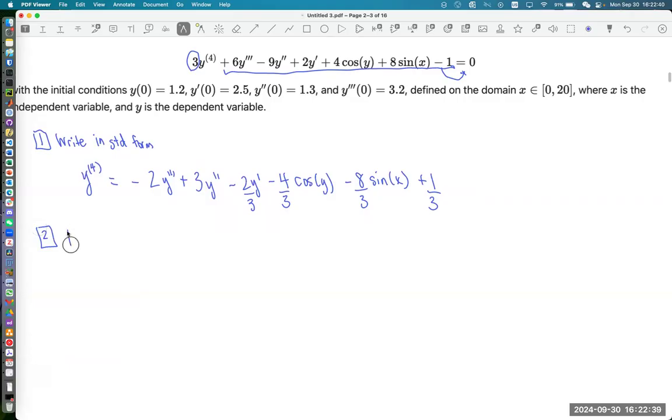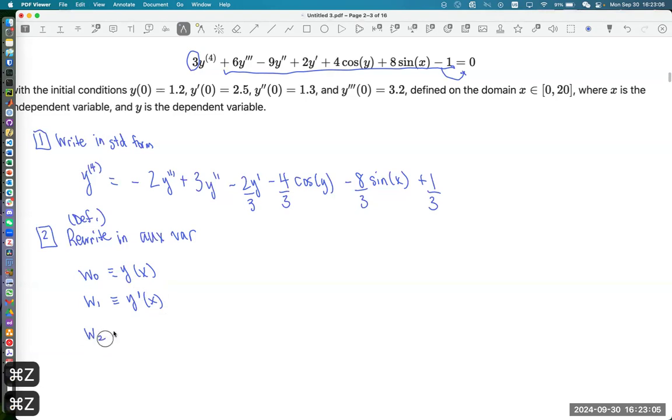Second step is to rewrite in auxiliary variables. And we define that. So we define W0 as the original function, W1 as the first derivative, W2 is the second derivative, and W3 is the third derivative.